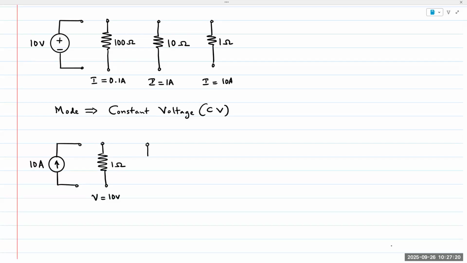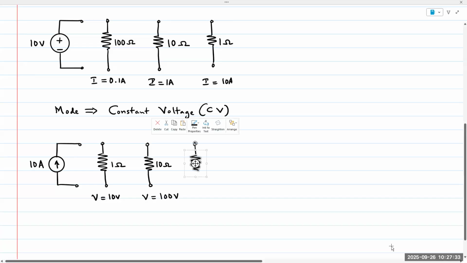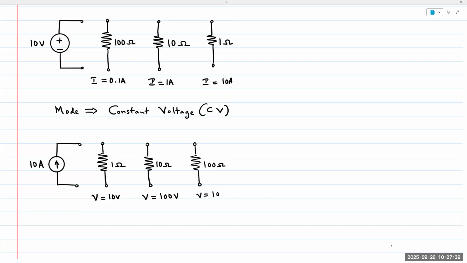If the resistance changes to 10 ohms, my V goes to 100 volts. If it changes to 100 ohms, V goes to 1,000 volts.